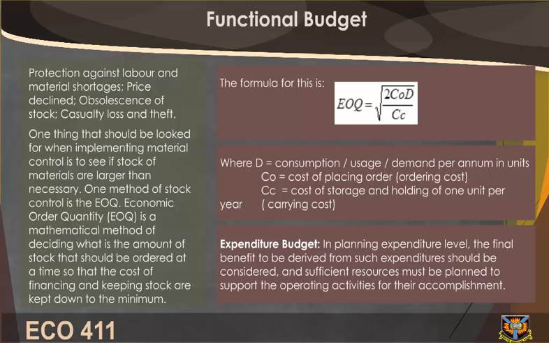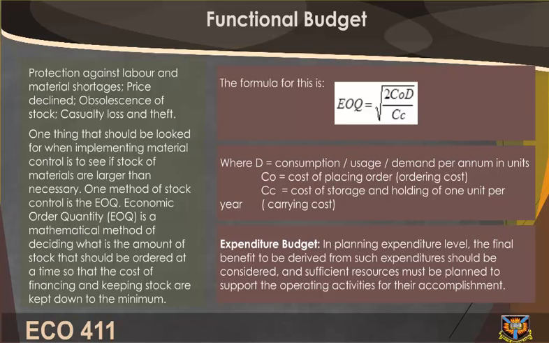One thing that should be looked for when implementing material control is to see if stock or materials are larger than necessary. One method of stock control is the EOQ, Economic Order Quantity. It's a mathematical method of deciding the amount of stock that should be ordered at a time so that the cost of financing and keeping stock is kept to the minimum.